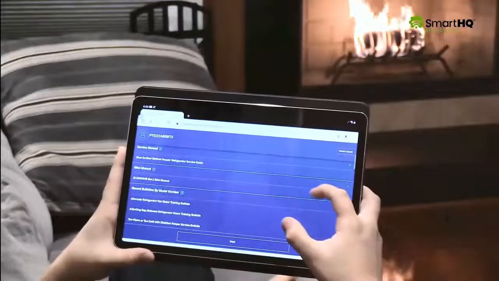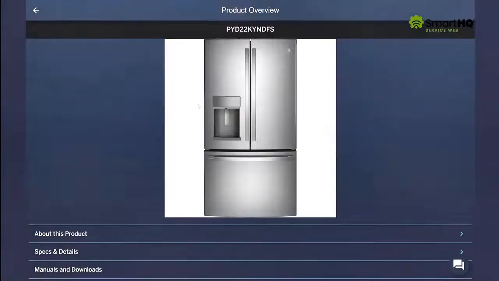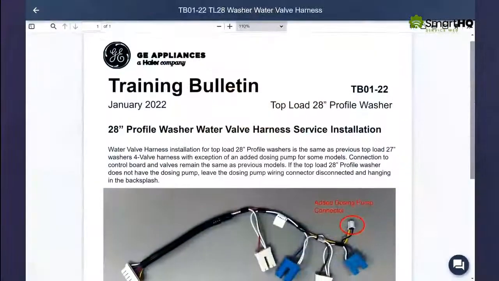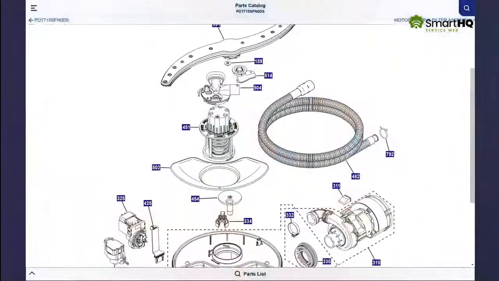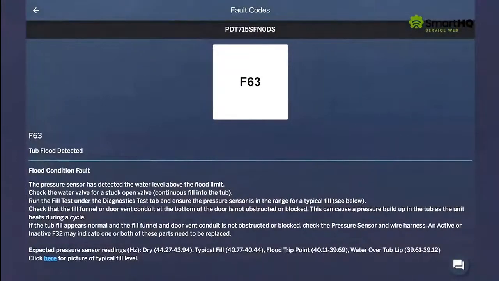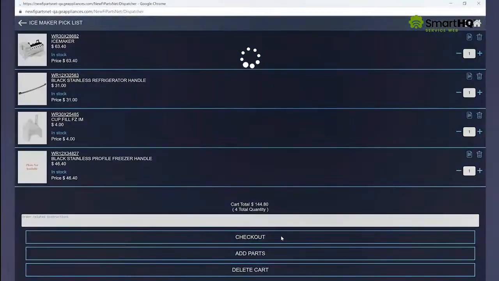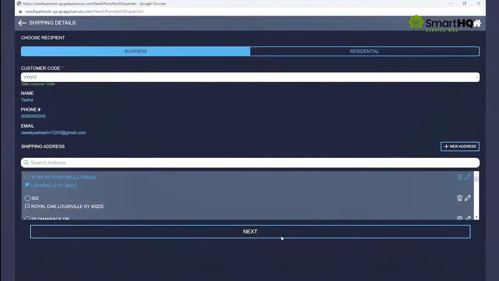So, whether you use a PC, a tablet, or mobile device, you will have instant access to things like product information, service documentation, exploded drawings, fault code information, and much, much more. You can even order parts right on the spot, saving you both time and money.